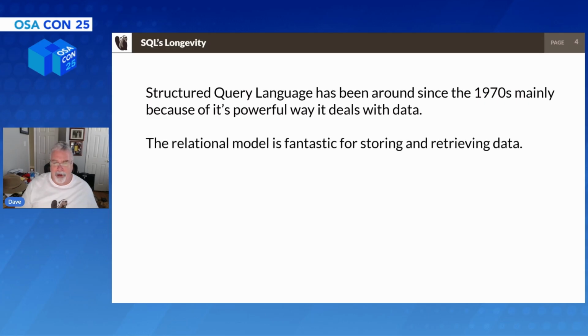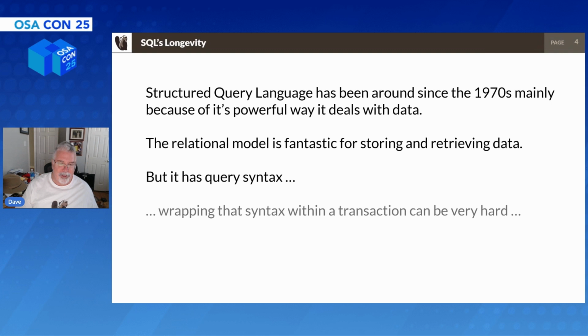The relational model is fantastic for storing and retrieving data. It fits a lot of business models. It's not a panacea for everything, but SQL has been around for a long time and other things have faded away. Now, SQL has a quirky query syntax that's a little bit odd. And then when you put transactions around it, it gets kind of weirder still, but it works really well.